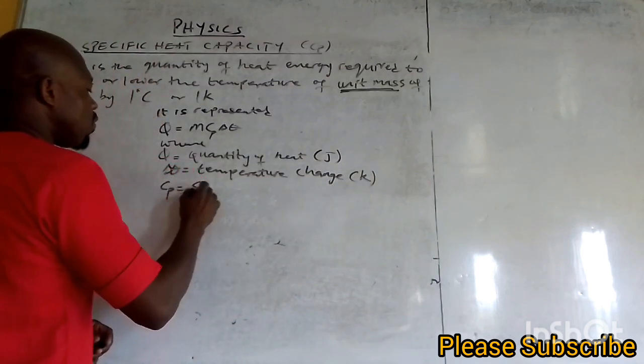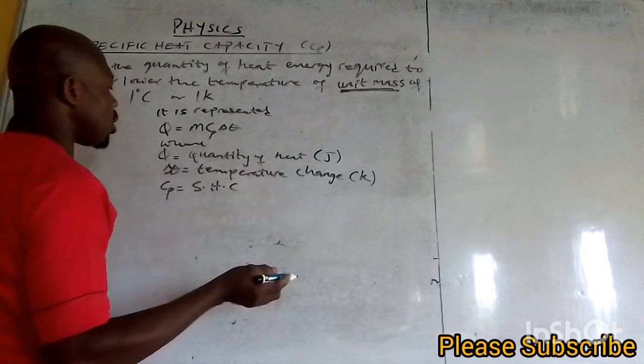Cp is the specific heat capacity of the body.